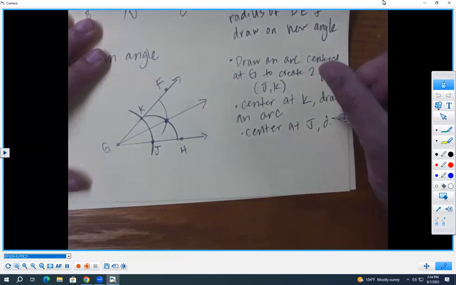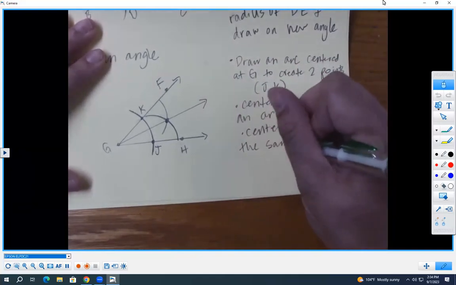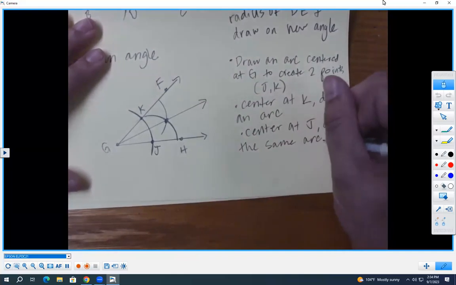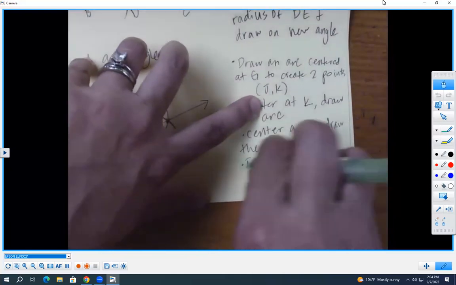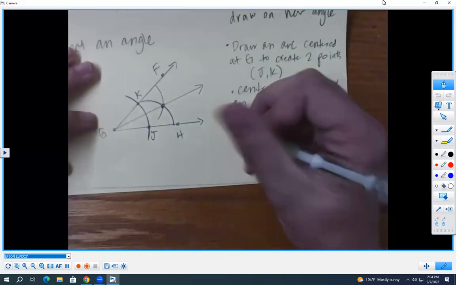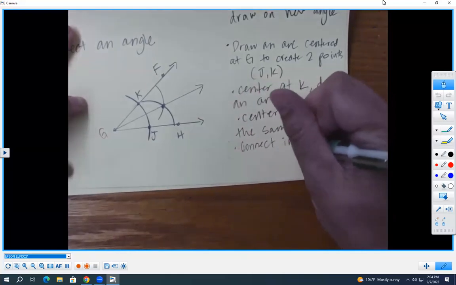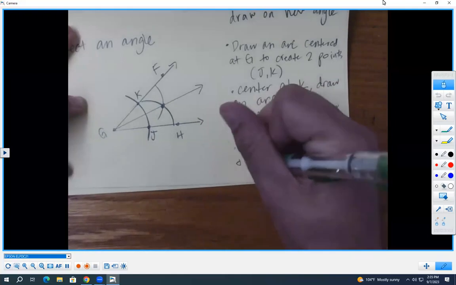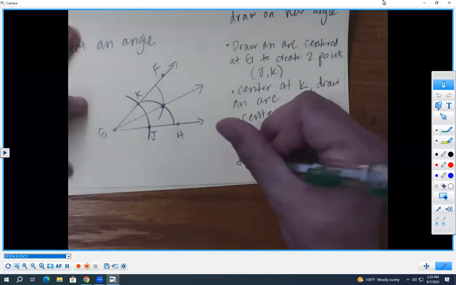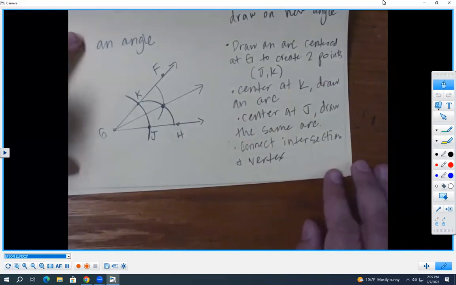It has to be the same arc. And then connect the intersection point and the vertex. And that's your angle bisector.